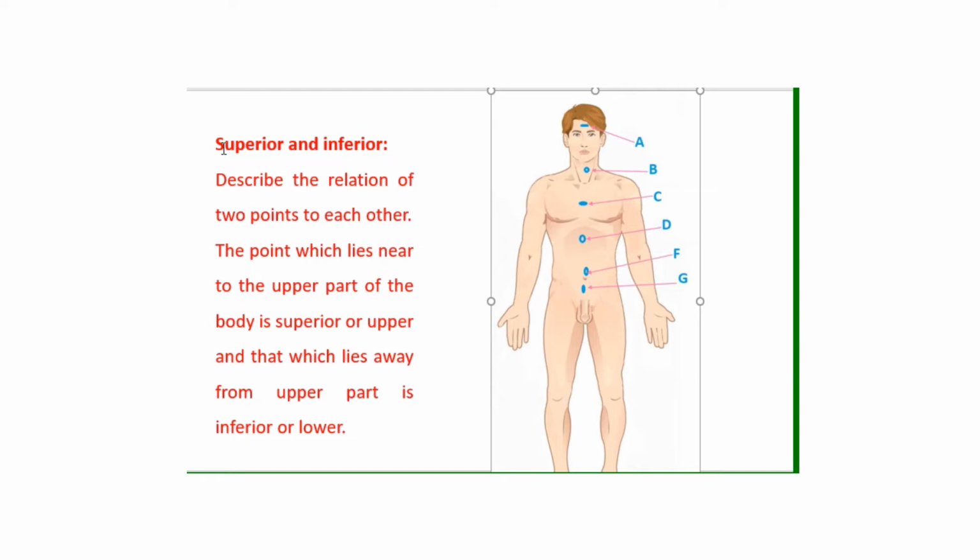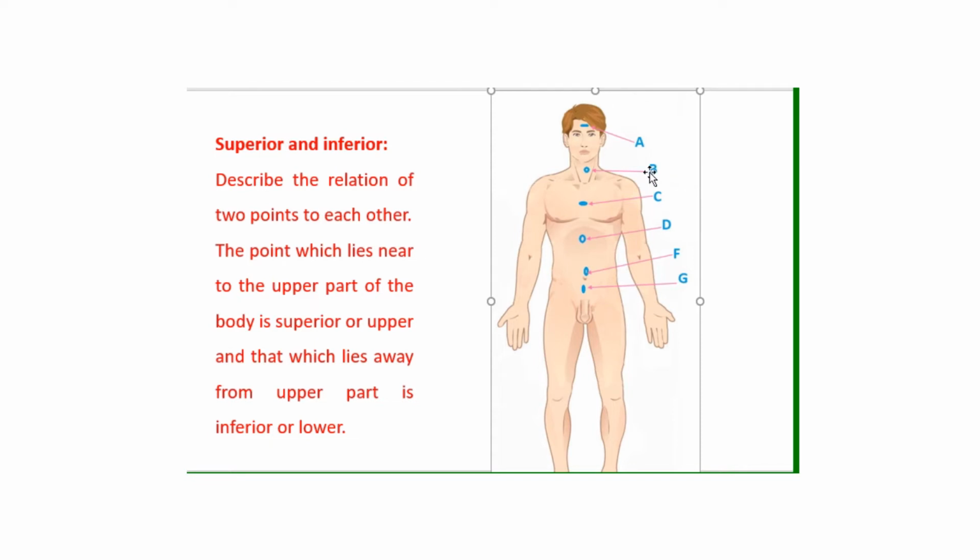In the language of embryology, we use cranial and caudal. Then superior equals upper or cranial, inferior equals lower or caudal.